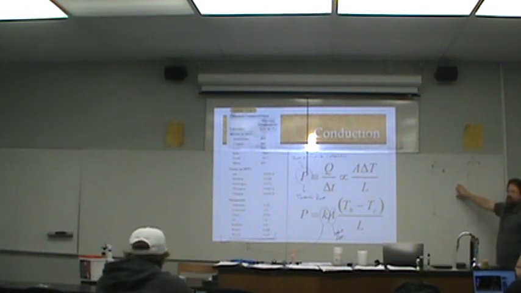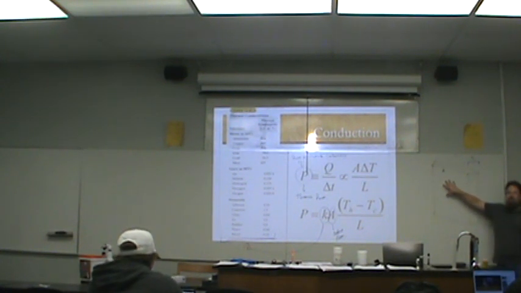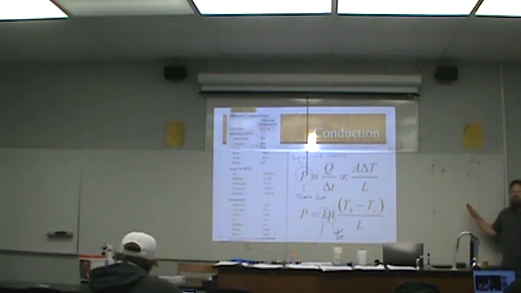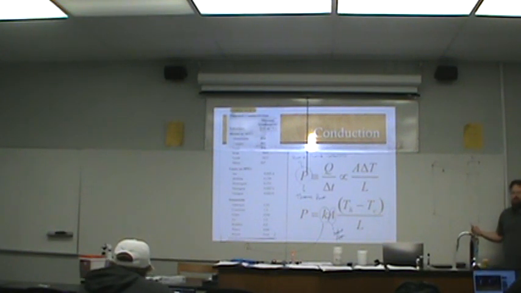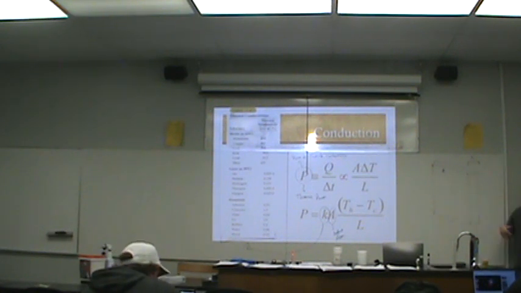This matters because if this was a building and there was a blizzard going on outside, the bigger the wall, the more area it is for the cold wind to strike. The more area there is for thermal energy to come through the wall of the building. So the bigger something is, the more surface area it has, the faster thermal energy will tend to transfer through it because there's more space for it to.